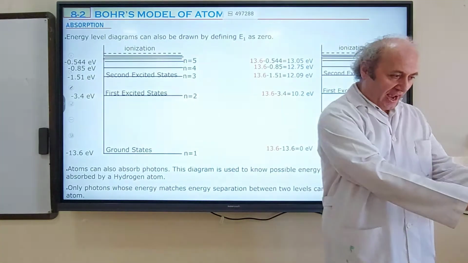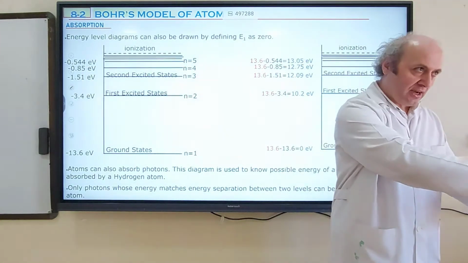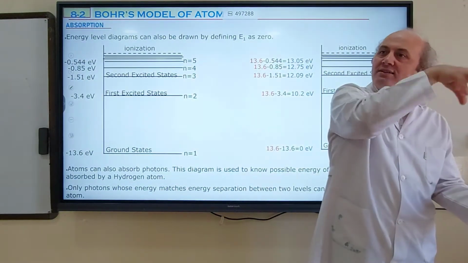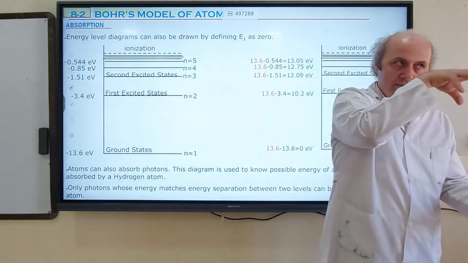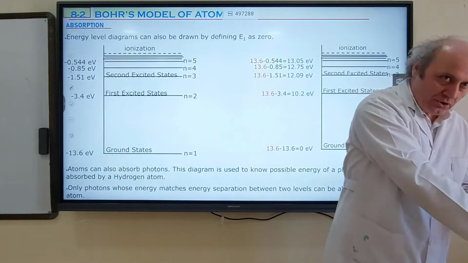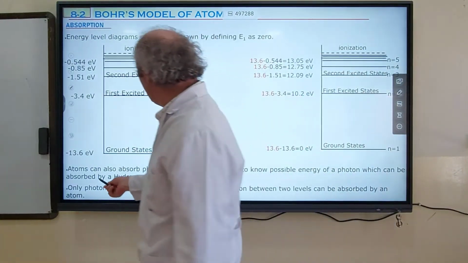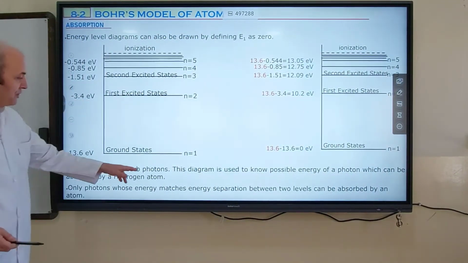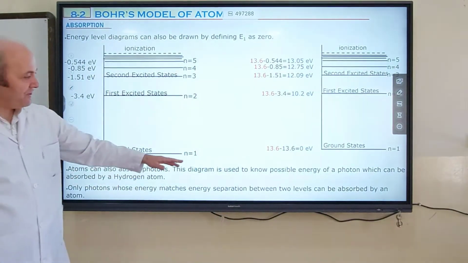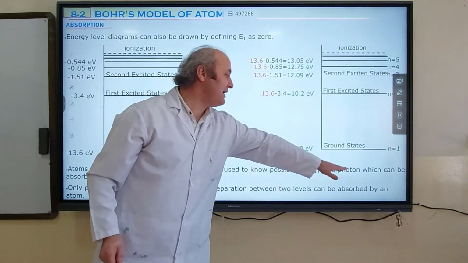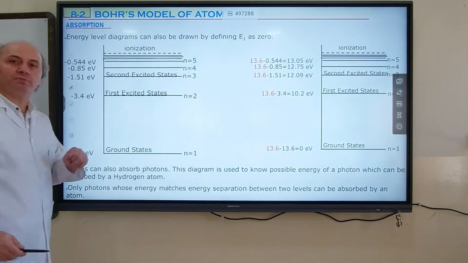Yani, there is a gas inside a container and you shine another light through this gas. Pass photons through the gas. Atoms can also absorb photons. This diagram is going to be used to know the possible energy of a photon which can be absorbed by a hydrogen atom.